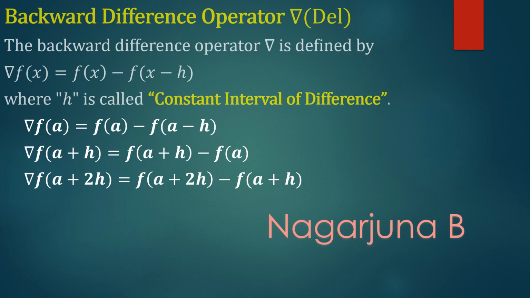Therefore del f of a plus 2h is equal to f of a plus 2h minus f of a plus h, and we can write this for any number of values, and so on. It means we can use this backward difference operator for any of the polynomial functions.